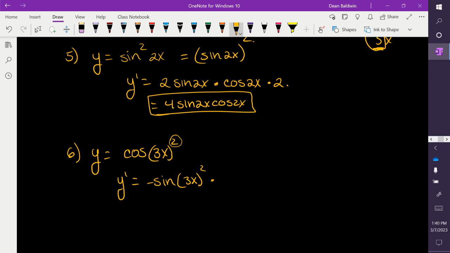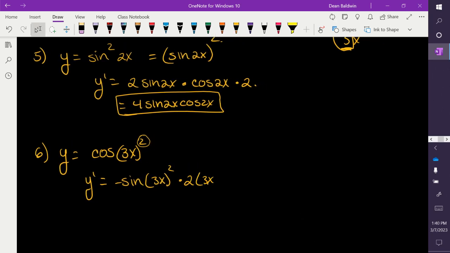I'm going to show you 2 different ways to do this. So drop down the 2 times 3x. I'll write to the power of 1 just to illustrate that. It's the derivative of the 3x all squared times, what's the derivative of 3x? 3.